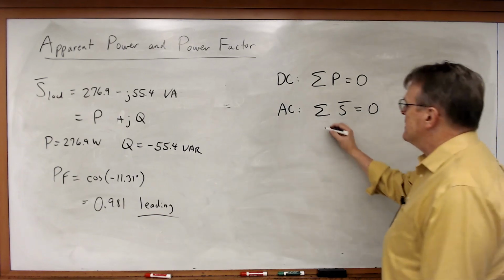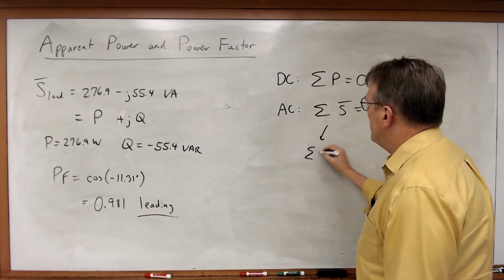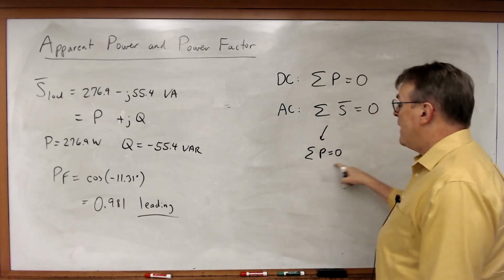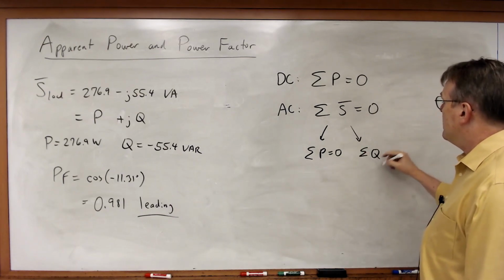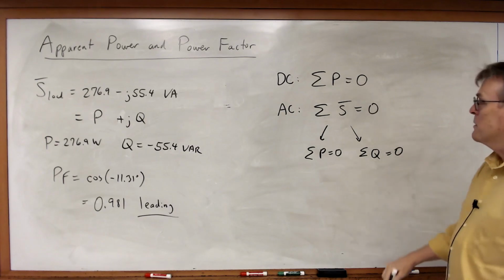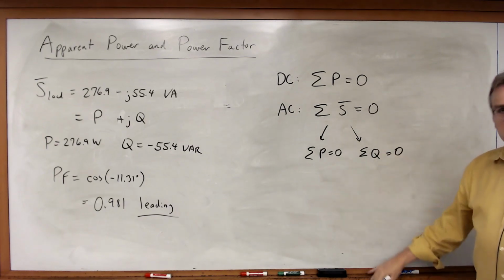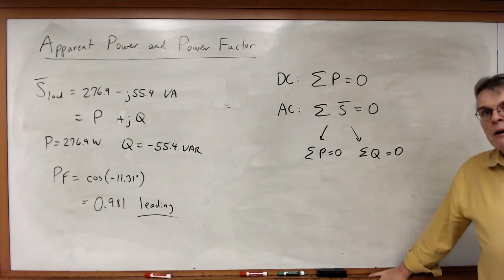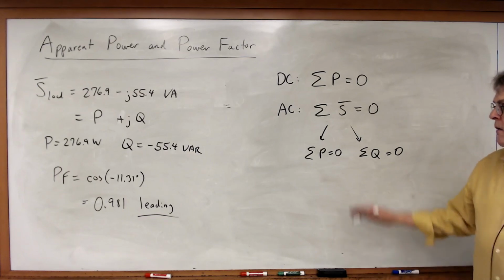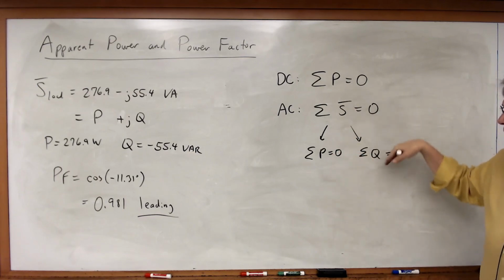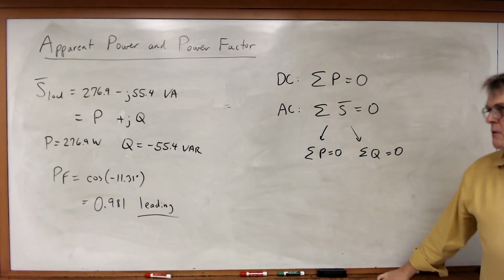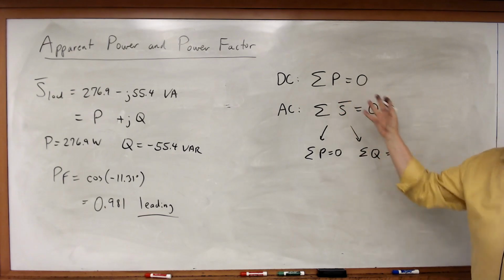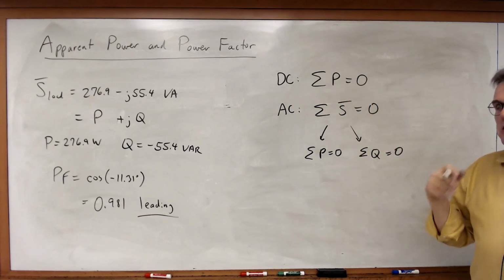And what this means is the sum of the real powers must be equal to 0, and the sum of the reactive powers must be equal to 0 as well. So, as you might guess, power conservation still holds. All the real parts will cancel, all the imaginary parts will cancel out, and they'll basically all sum to 0 if you've solved the circuit correctly. So just worth mentioning. Hopefully this was kind of obvious to everybody, but conservation still works.